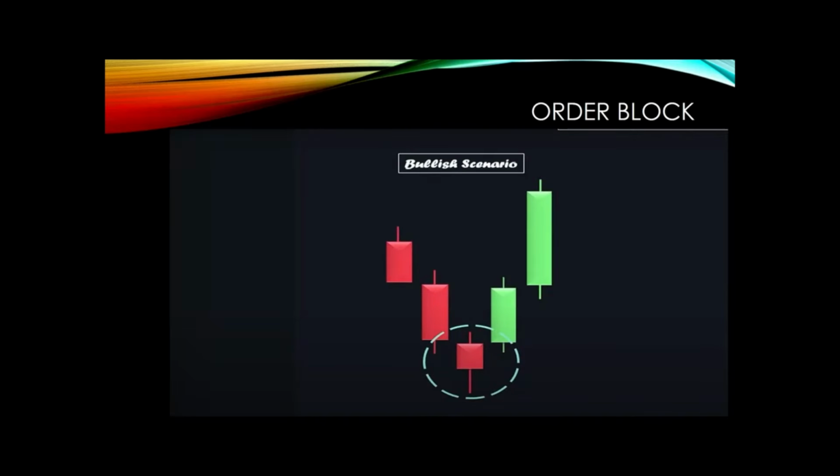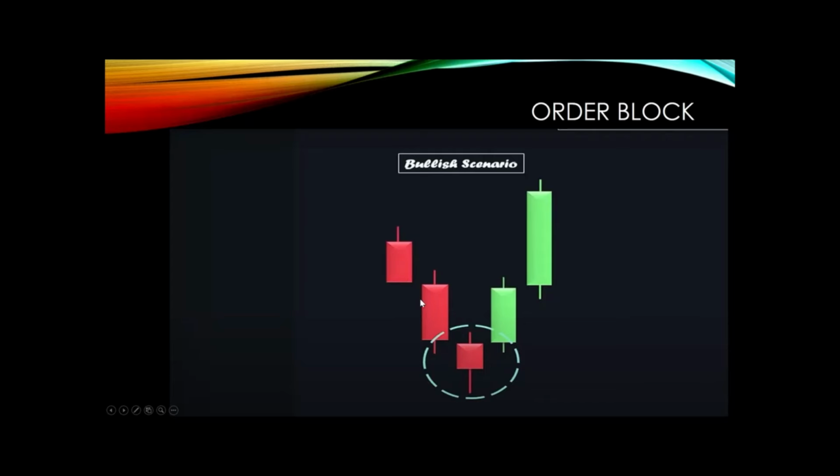Okay, so this is the bullish scenario for the order block. As you can see right here, the order block is basically an area where institutions manipulate their buy and sell orders.